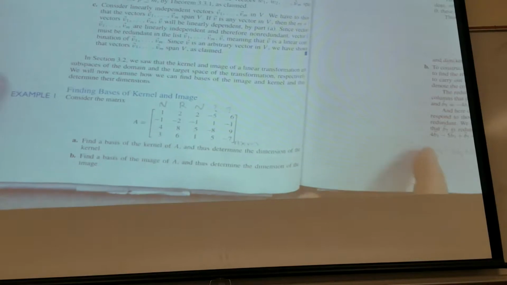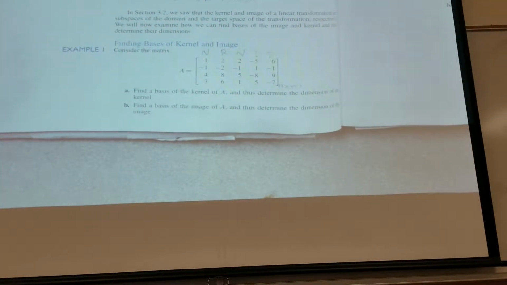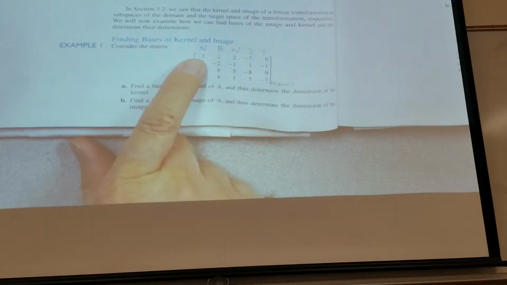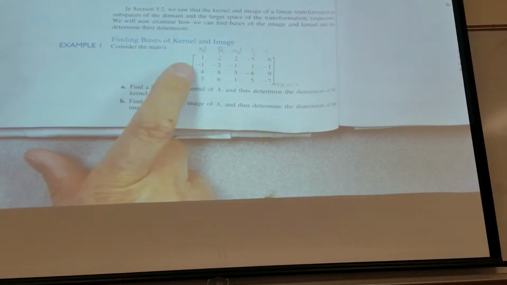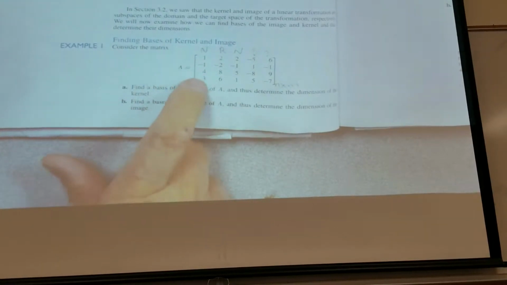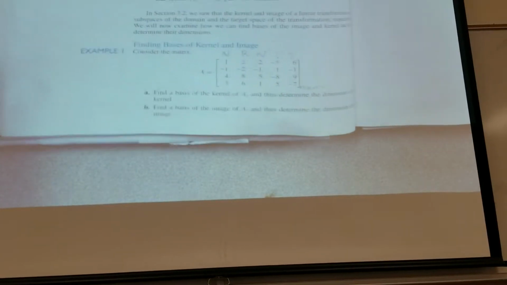For instance, what is our first step? We use this leading one to eliminate the negative 1, and then the 4 and 3. Then we go on, but they did that for us.